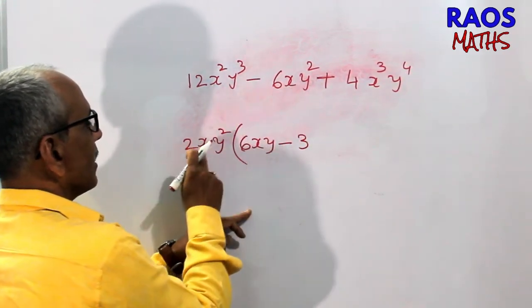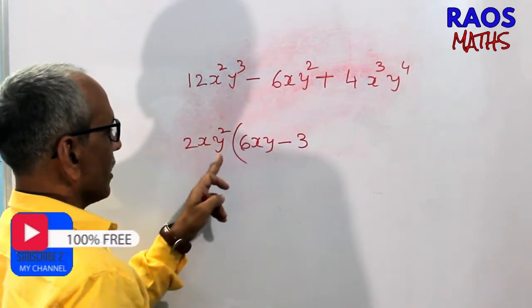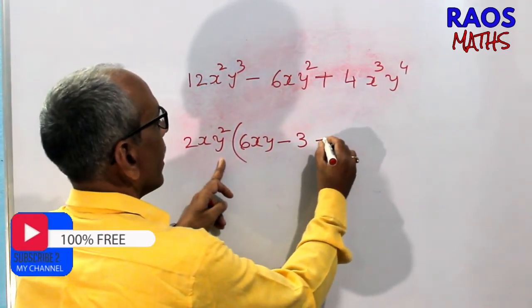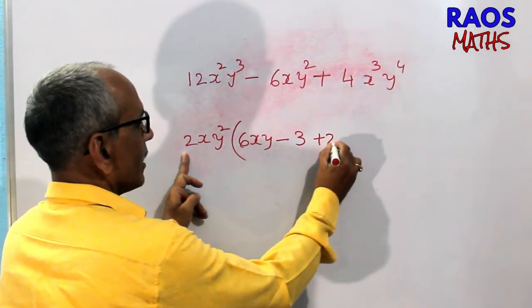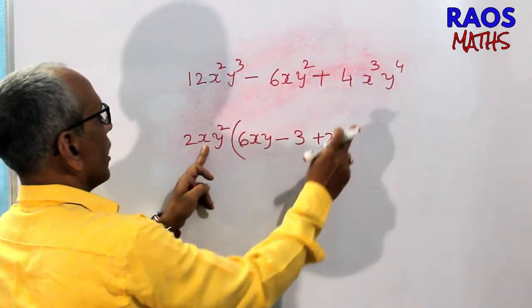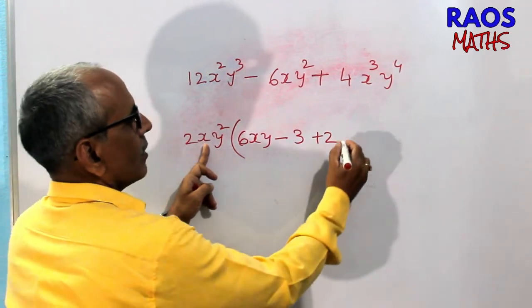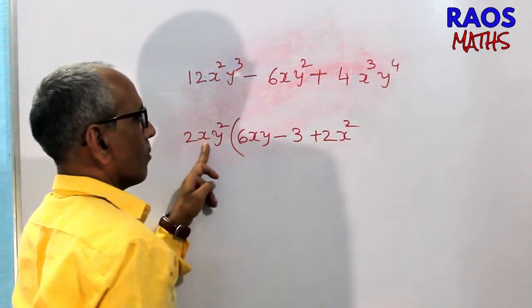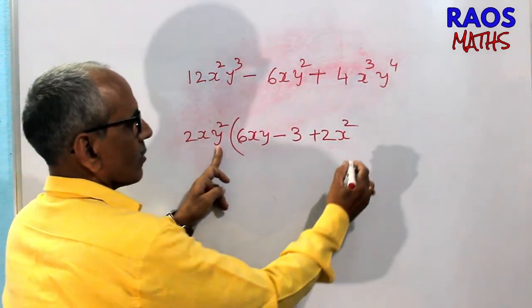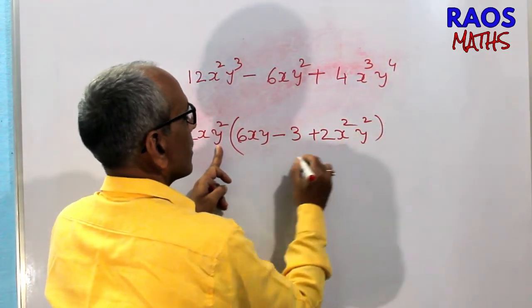Out of x's, x is common, and y square common. Plus, for 4 we got 2, other factor 2 inside. For x cube we have 1 x outside, so the rest of the 2 comes inside. And for y power 4, 2 are outside, so y square is inside.